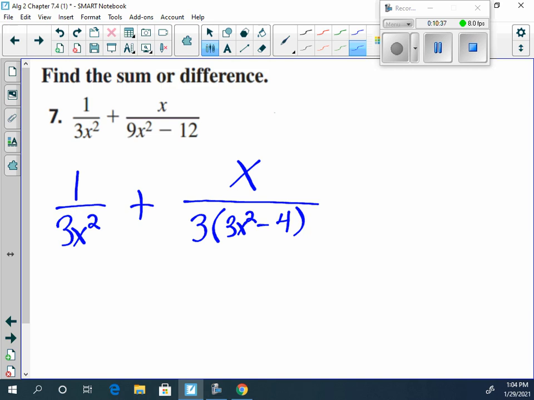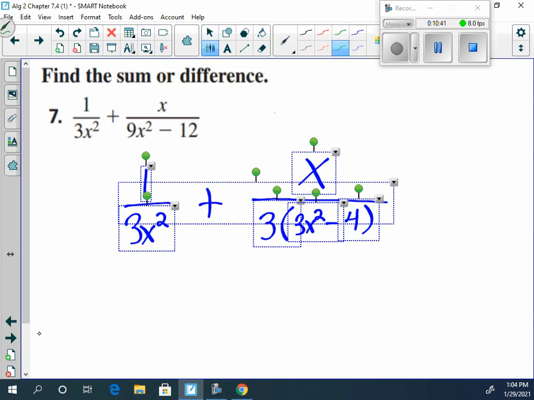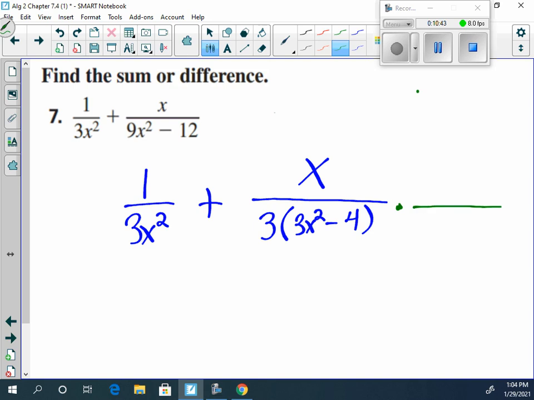Okay, now we need to make the denominators be the same. So let's do this here. What does the one on the left have that the one on the right doesn't? There is one thing. Here we have 3x squared, so we do have a 3, yes? And this one has the 3x squared minus 4. So what does this have?